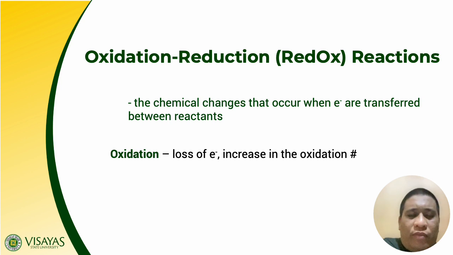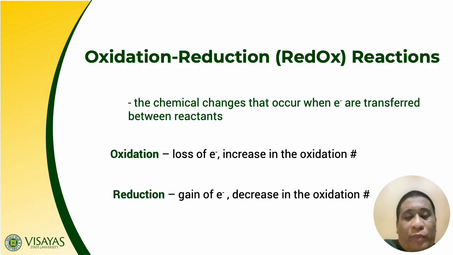First is oxidation, that's the loss of electrons and an increase in the oxidation number of the element in the reactants. The opposite is reduction, which is the gain of the lost electrons from the oxidation reaction.